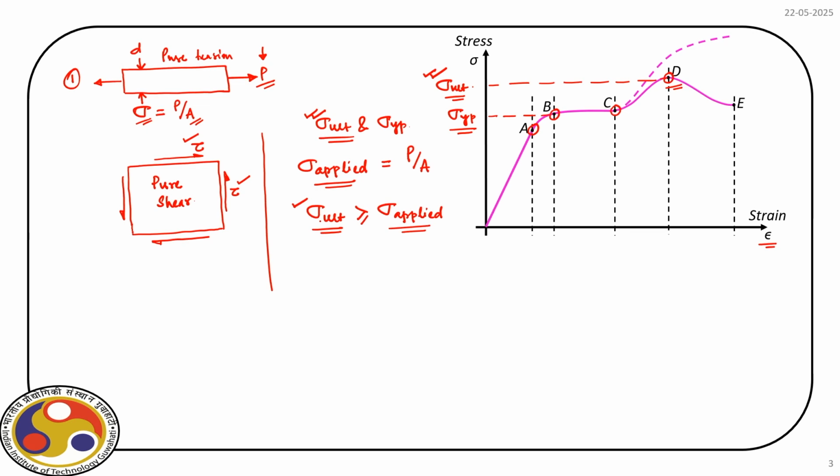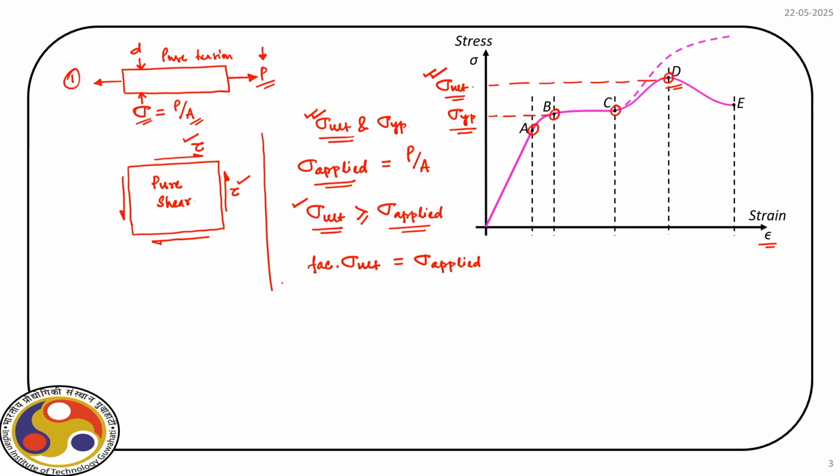So, what we do? We underestimate this sigma ultimate. What we mean by underestimate? We apply a factor, which is less than 1 obviously, times sigma ultimate, and that is our sigma applied. Okay.